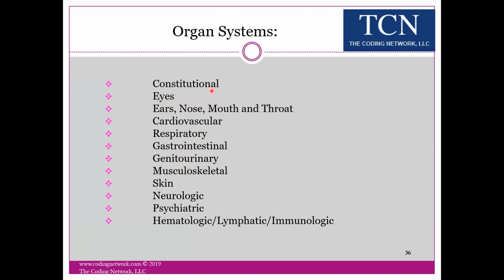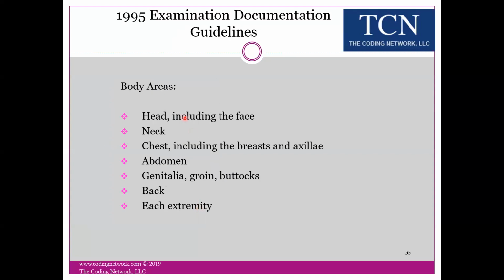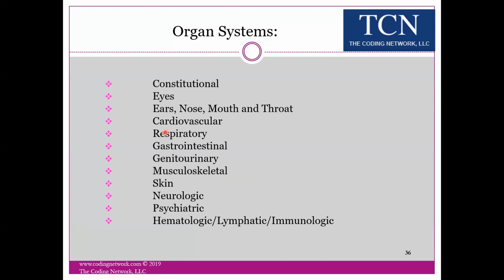But if you documented 7 organ systems and you wanted a comprehensive exam, and one of them was a body area such as the neck, you would not get credit for the comprehensive exam. But for the neck, and a lot of times the neck is examined, if you mention the lymph system when you're examining the neck, that will get you to an organ system.